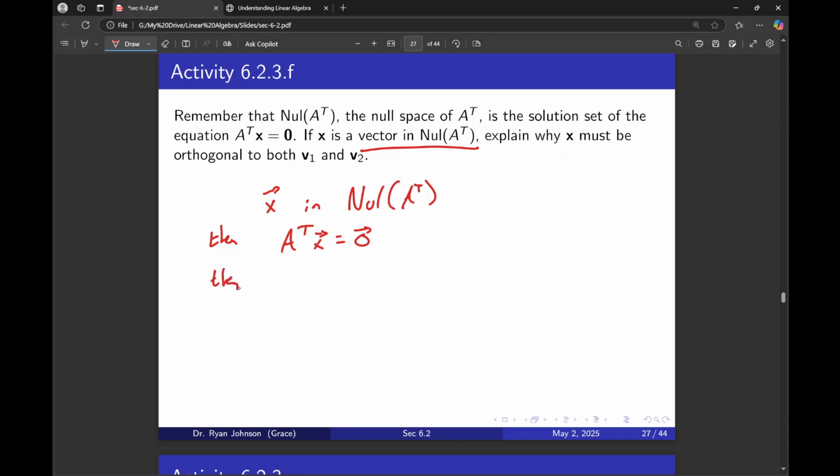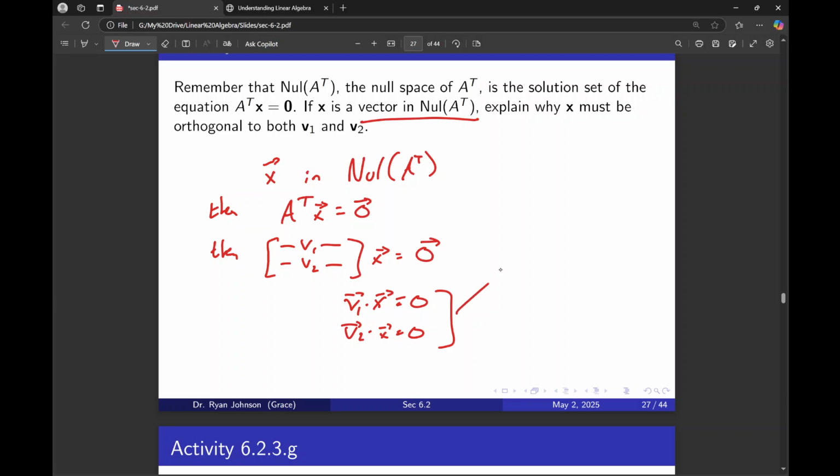Which means vectors V1 and V2 times X equals 0, which means that V1 dot X equals 0 and V2 dot X equals 0. So that means X is orthogonal to V1 and V2.